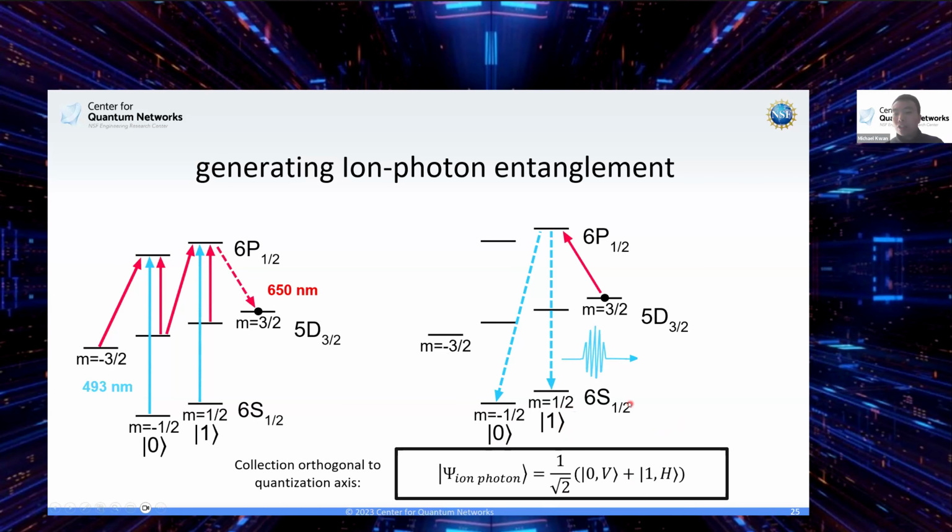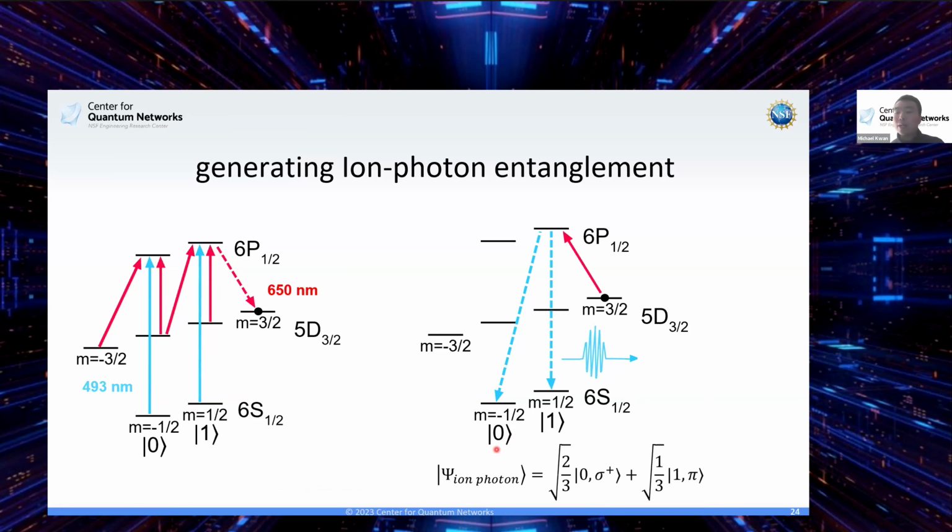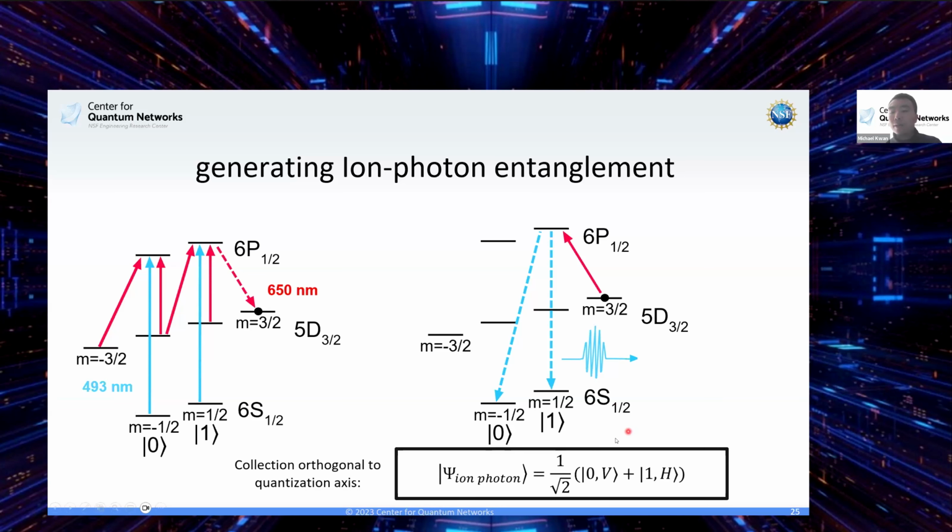Now, the branching ratios to the two ground states are root 2/3 and root 1/3, so they're not equal. However, just like in the case of the ion seeing something different because of the quantization axis, we can collect orthogonal to the quantization axis. By doing so, we sacrifice 1/2 of the sigma plus light, so that it becomes a true Bell state, a maximally entangled state.